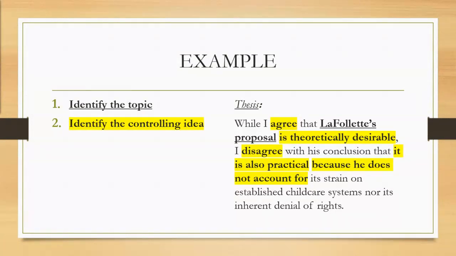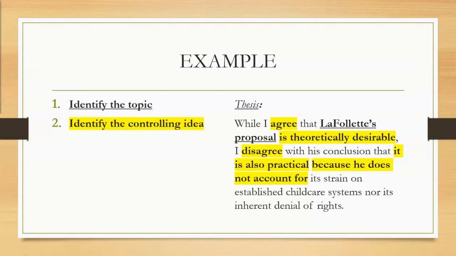Now remember, this controlling idea is based on what the main purpose of the essay is. So remember, if we're doing a response, we are responding to this proposal or this argument within his proposal. So the controlling idea is clearly a response. So agree that it's theoretically desirable, disagree that it's practical, okay?